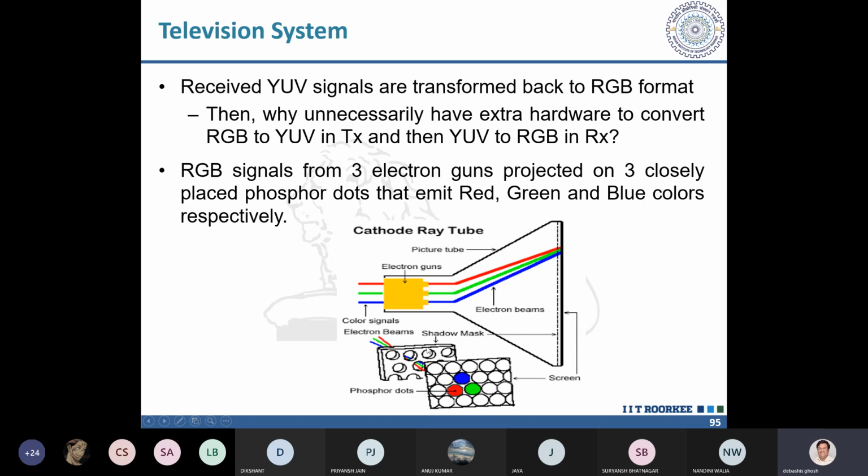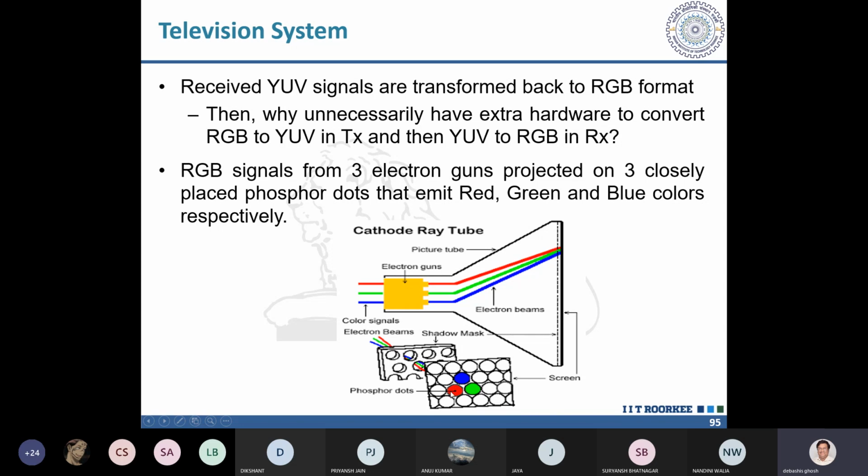You use one shadow mask so that all the beams are concentrated at one point in these 3 positions. These are 3 different types of phosphor dots. They are 3 dots of phosphor, but the phosphor material is different.